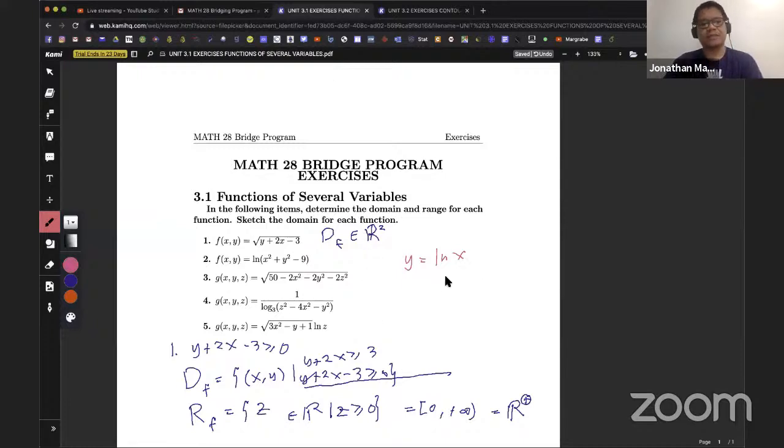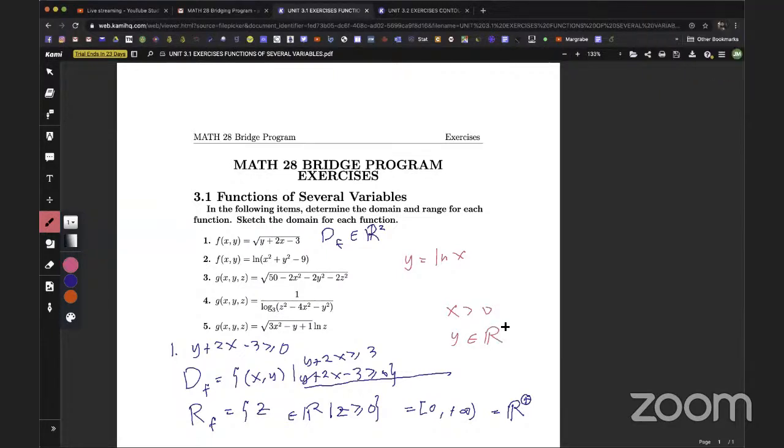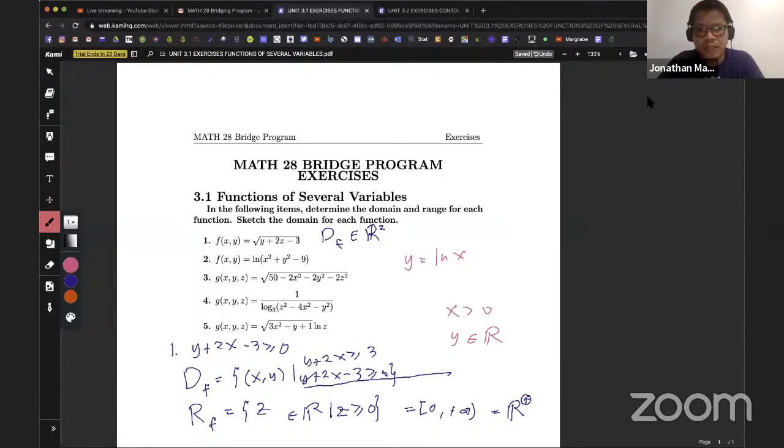Take note that the condition for x should be greater than 0, and y could be any real number. That will be your basis in order to determine the domain and range of this kind of function.